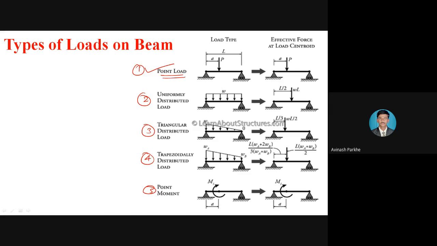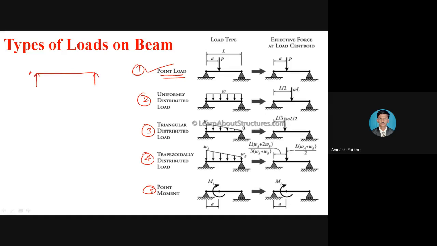What is the definition of point load? The point load is also called a concentrated load. Simple: the load which acts at a point on a beam is called a point load. For example, this is the beam which is supported at the two ends.